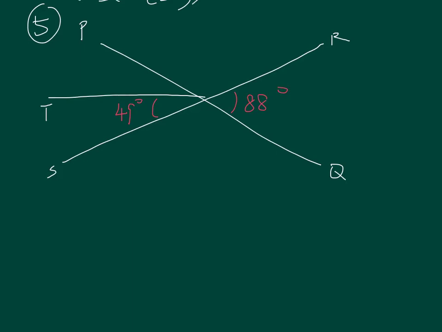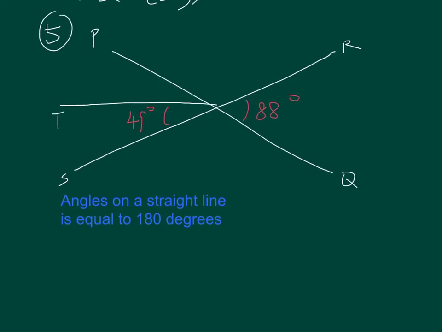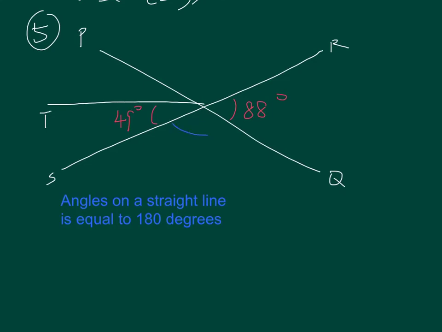Okay, we do know that angles on a straight line is equal to 180 degrees. Alright, so with this in mind, this angle here would actually be 180 degrees minus 88 degrees, and we will get 92 degrees.